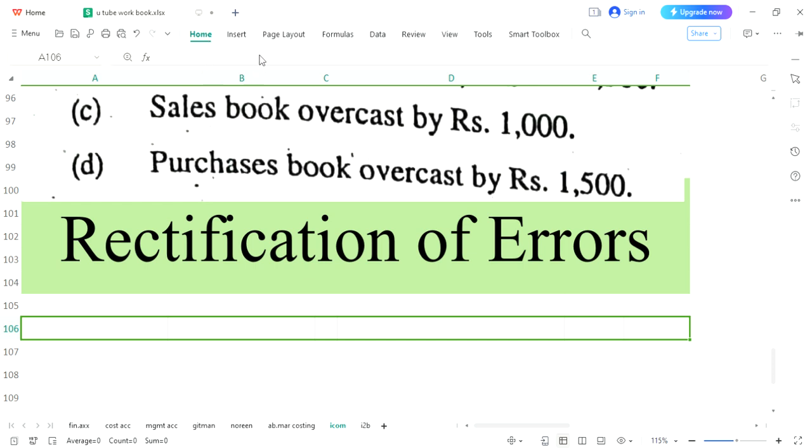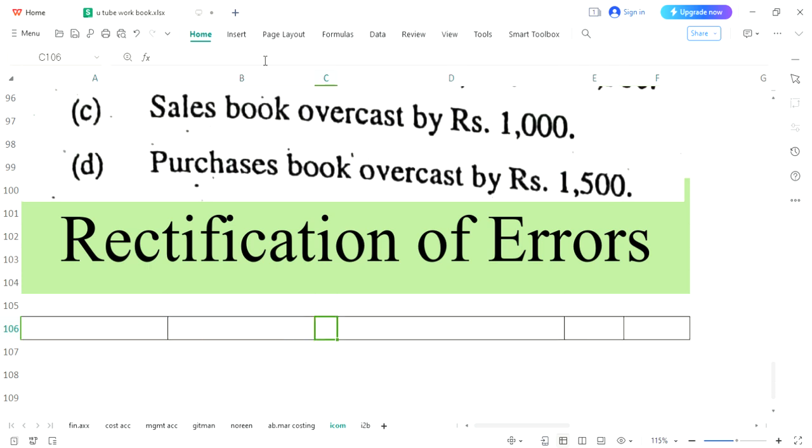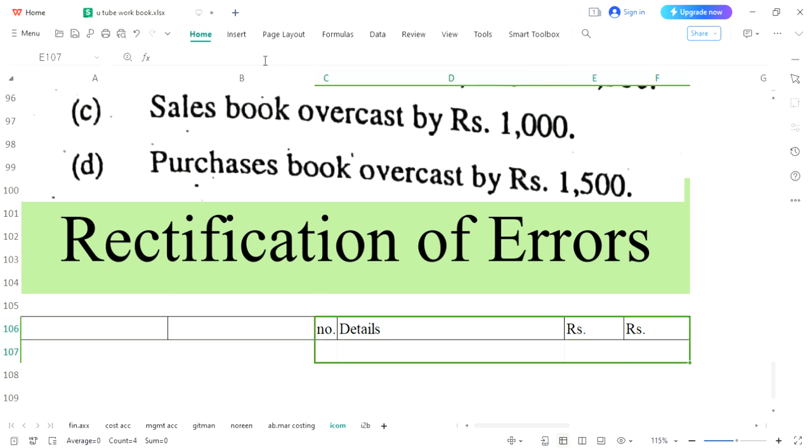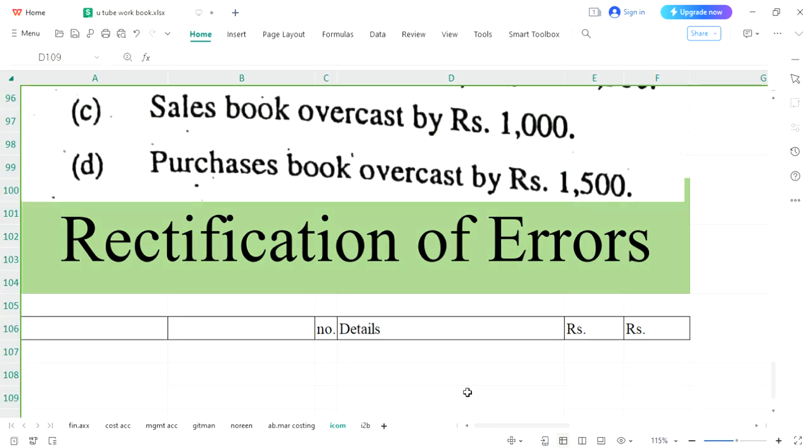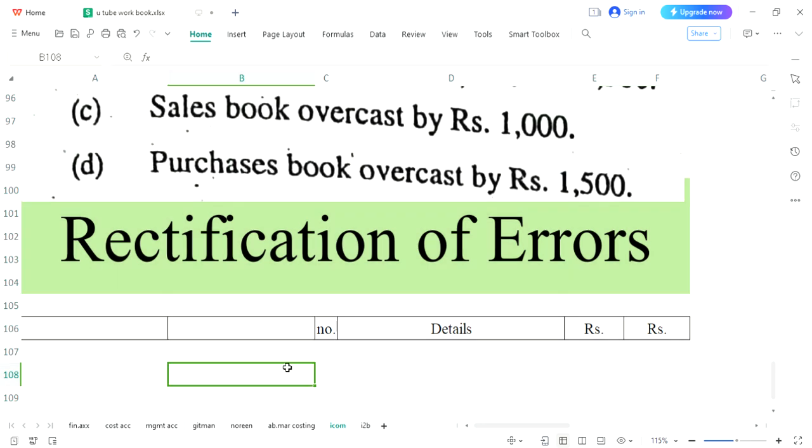Here you will write the number of transaction, then you will write detail, and you may write rupees over here and rupees over here, or amount you may write. This is the proforma which we have already understood in journal entries, and we are going to make journal entries over here as well.